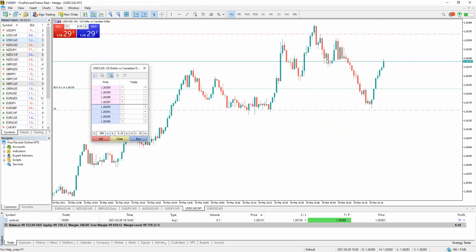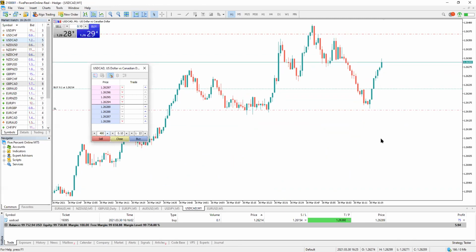You don't see these bars here? Your screen or something.